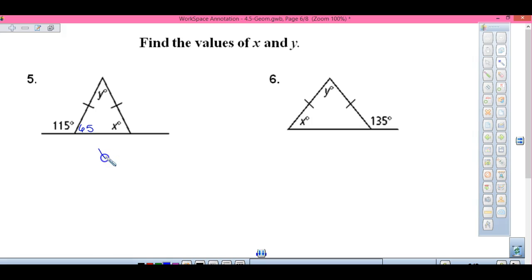X has to be 65 because they are base angles of an isosceles triangle. So if this is 65 and this is 65, can I find y? Because the three angles of a triangle add up to 180, this plus this is 130, so that leaves what left over? 50. Yes.